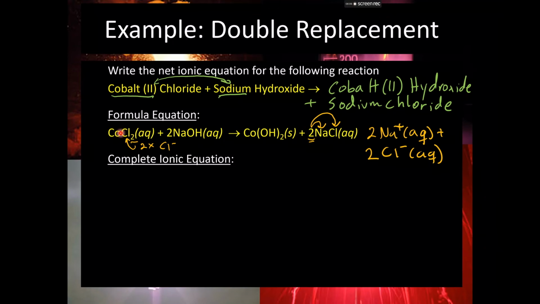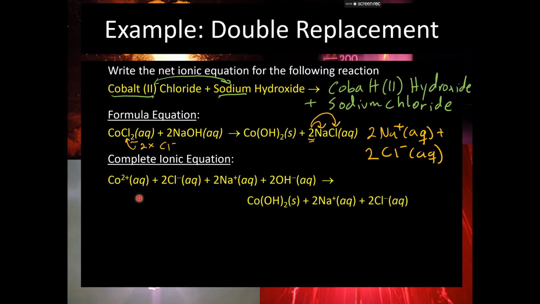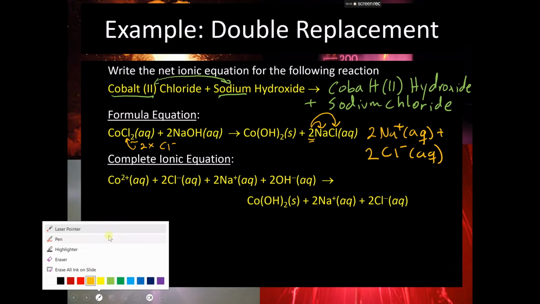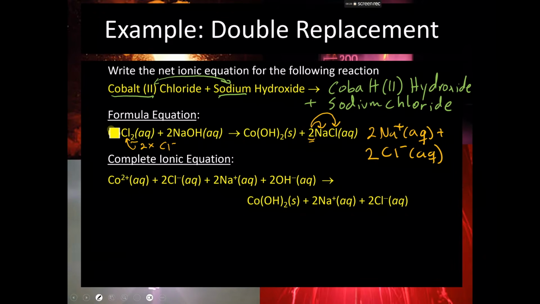So when we write this complete ionic equation here, we are going to write Co2 plus aqueous. The CoCl2 here, because it's aqueous, we need to separate that.